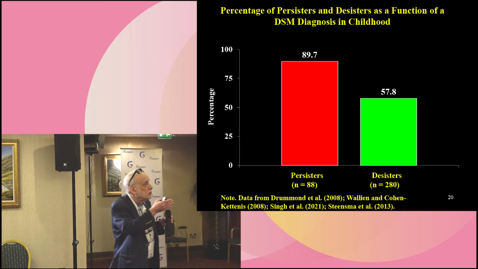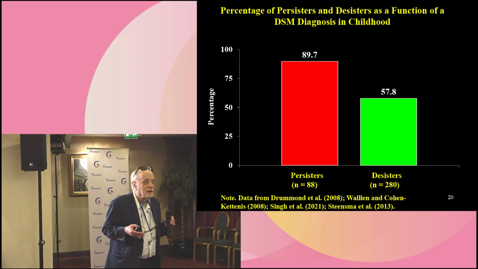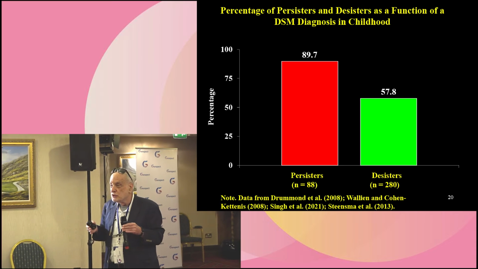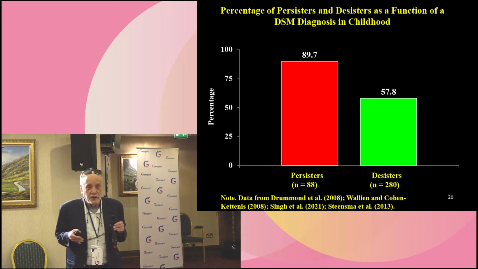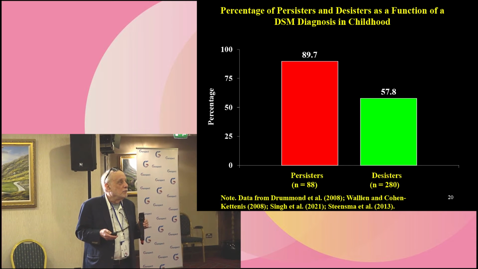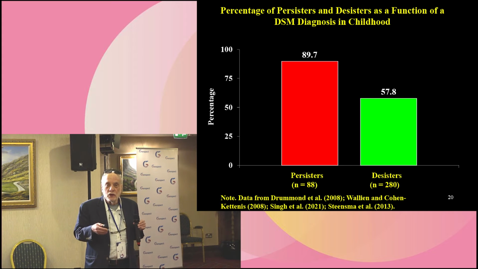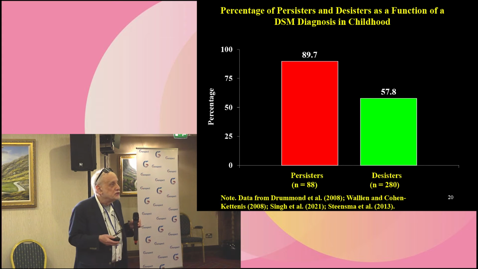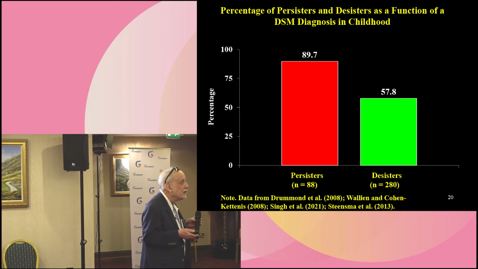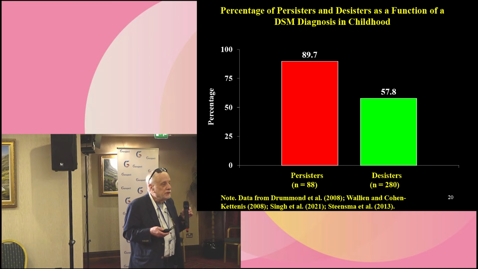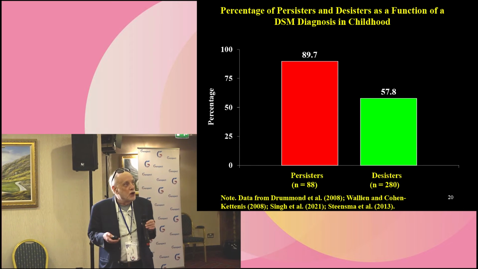Looking at those who were persisters, you can see that 90% of the persisters were threshold for the diagnosis. Only 10% who turned out to be persisters were subthreshold. So that's important to note. But then look at the desisters.